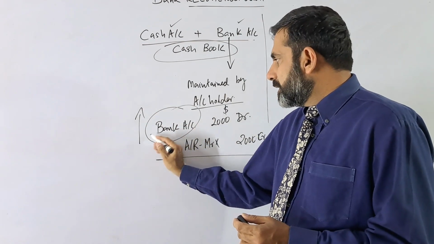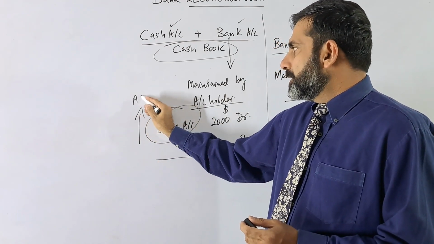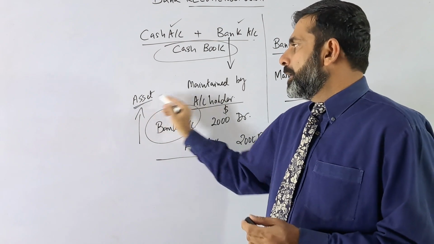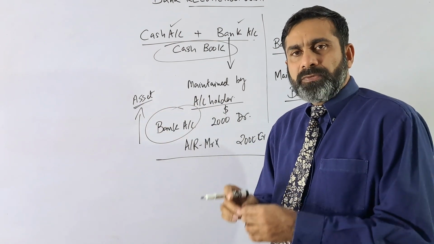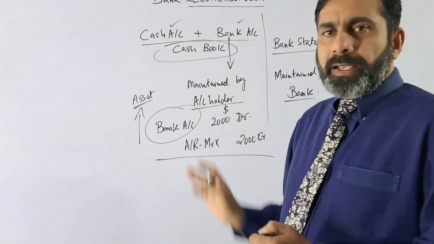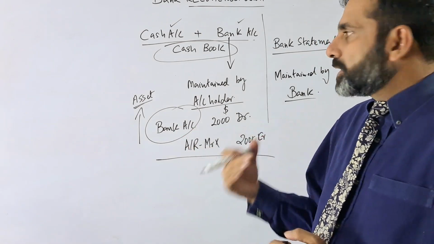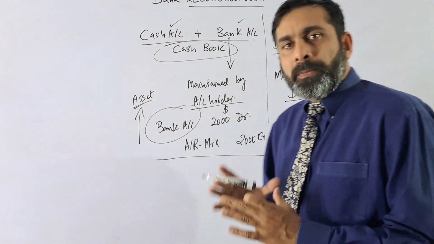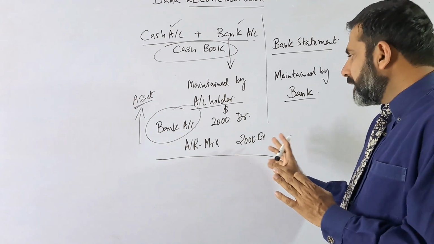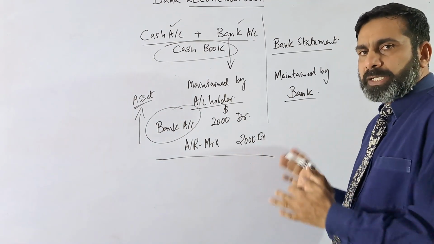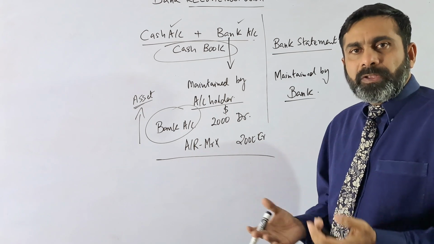This is an asset for the business, because this money is available in the bank for you. You have deposited it, so the bank account is debited and your asset is increasing. But what will be the effect in your bank statement? What record will the bank be maintaining?